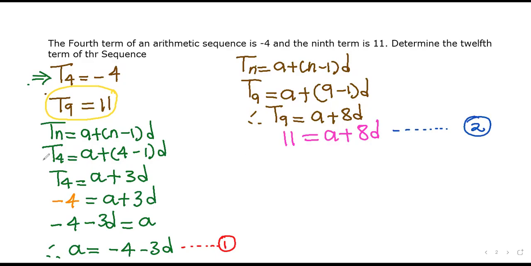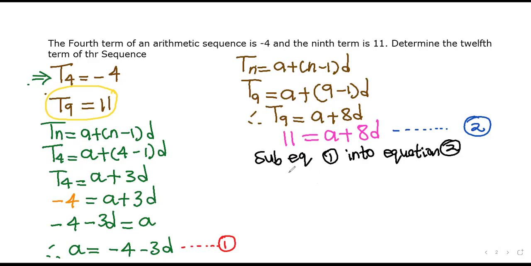Equation number 2. Then when you arrive here, you're just going to substitute equation number 1 into equation number 2. So we're going to start by writing equation number 2 as it is.